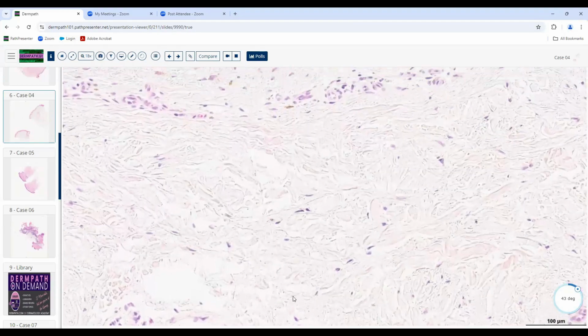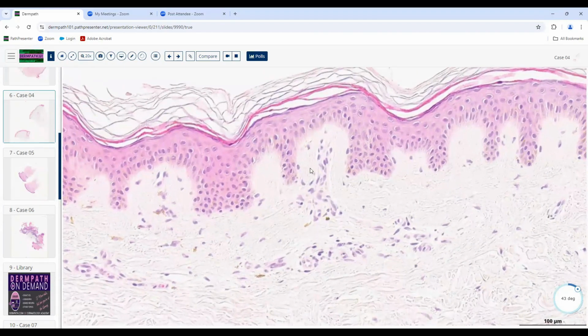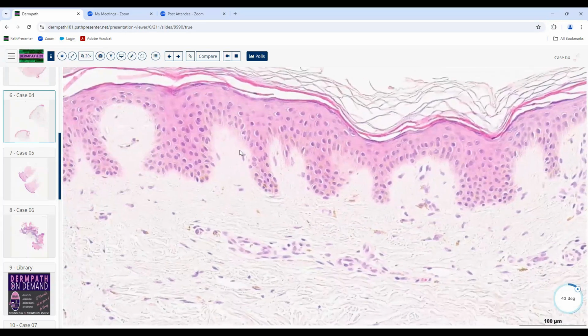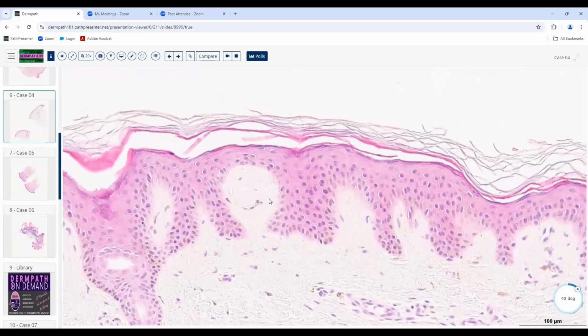And then with this disease, we look at higher magnification, and it's kind of hard to appreciate, but there's amyloid right in here. This one shows it the best, and you can see that it's this very, very light, pale pink material. There are some clefts between the amyloid right here.